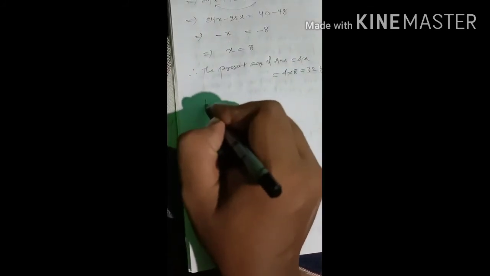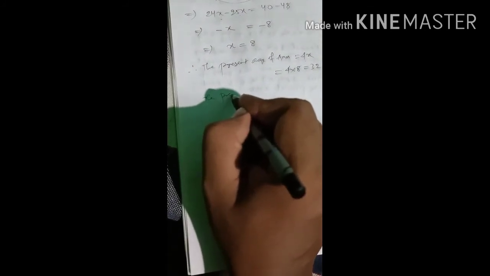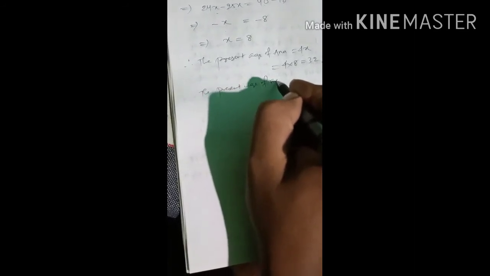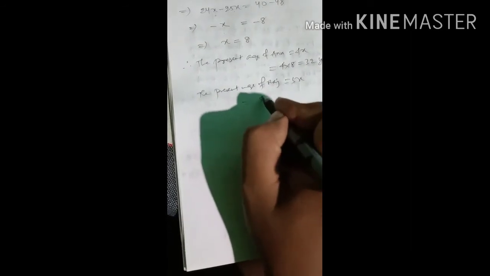And the present age of Raj is equal to 5x, is equal to 5 into 8, 5 8s are 40 years.